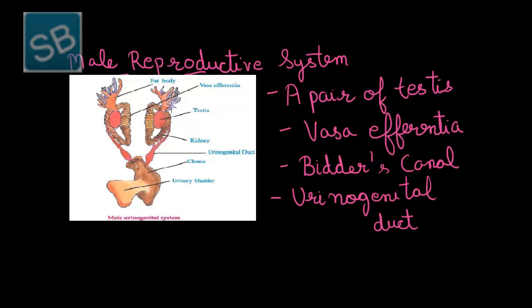Each testis is located at the anterolateral part of the kidney. It is small and oval shaped, yellow in color.